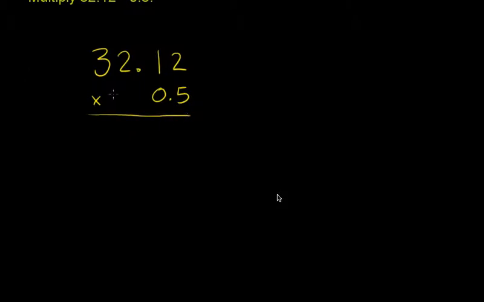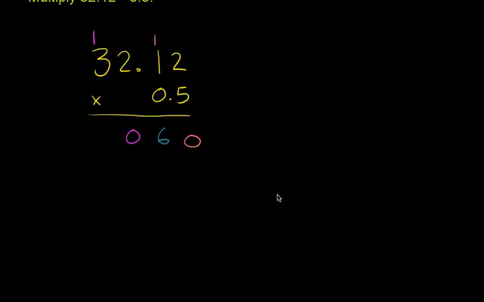So let's get started. So if we were just multiplying 5 times 3,212, we would say, well, 5 times 2 is 10. Regroup the 1. 5 times 1 is 5, plus 1 is 6. 5 times 2 is 10. 5 times 2 is 10.